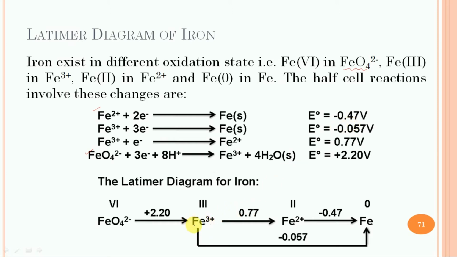And the conversion of iron 3 plus to iron corresponds to these equations, and the electrode potential is minus 0.057. So this is the diagrammatic presentation of the different oxidation states of iron.